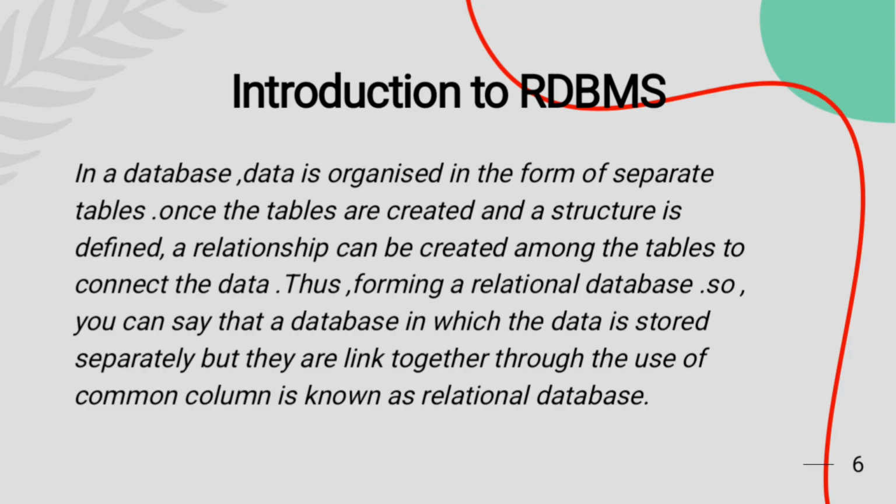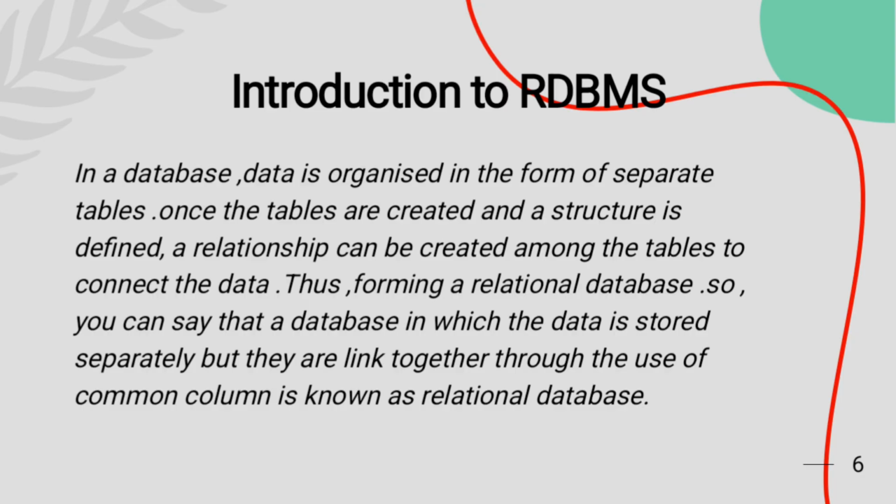Here is how it works: data is stored in different tables, not all in one place. So these tables are connected using keys. Why use a relational database management system? Because it keeps data clean, connected and easy to manage.